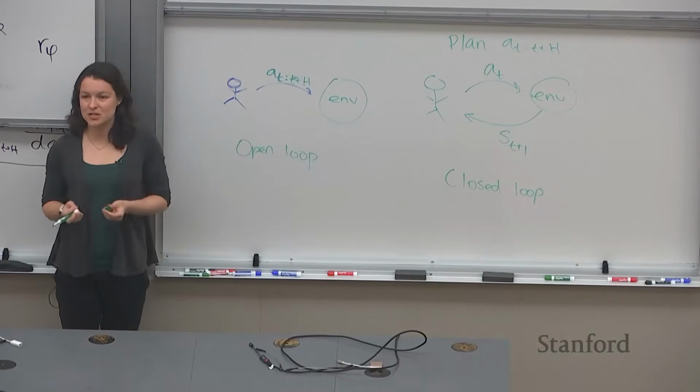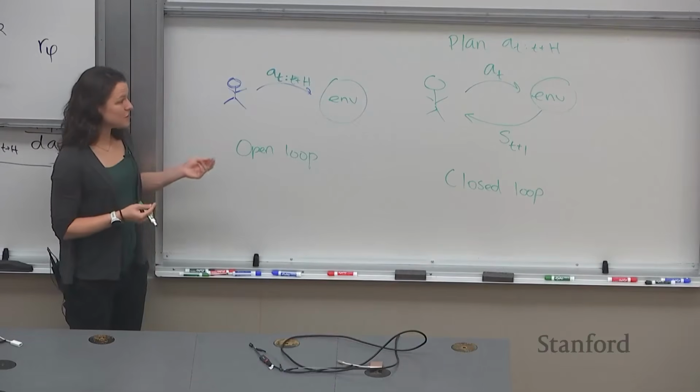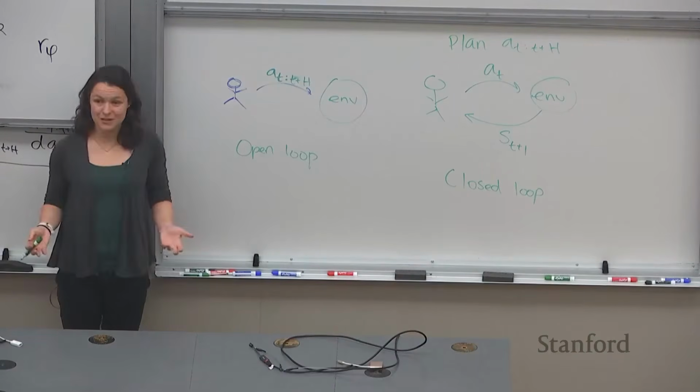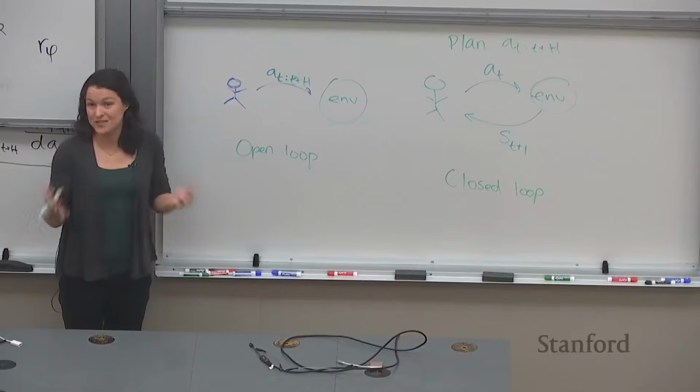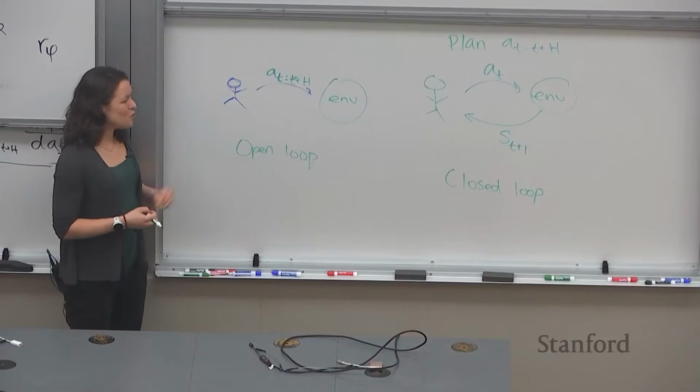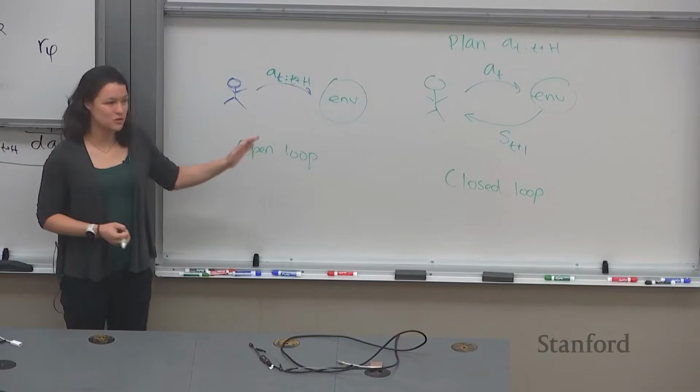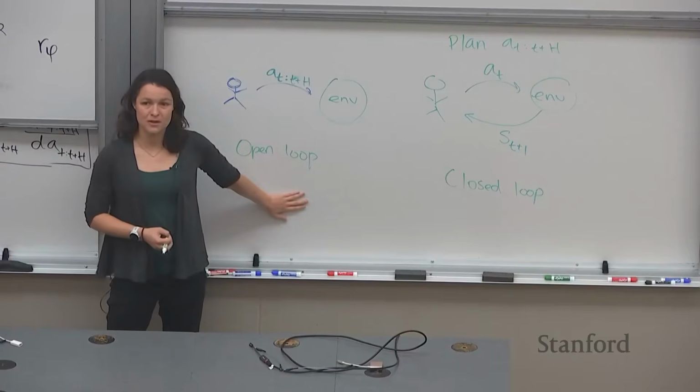Yeah, so when the environment is changing a lot. If the environment changed in a way that is different from what you anticipated, because you maybe weren't able to predict everything that would happen, then you won't react to those changes when you act in an open loop way.